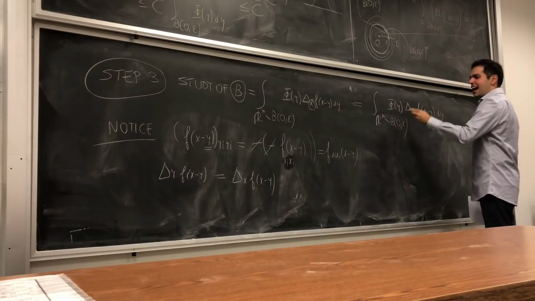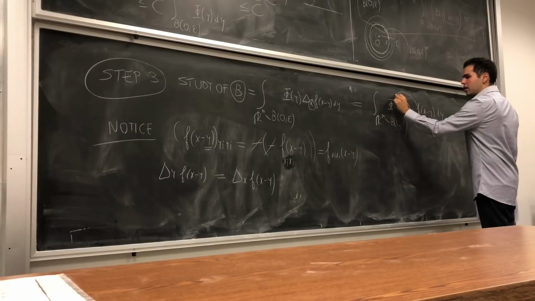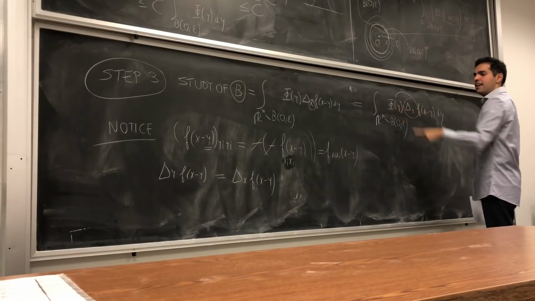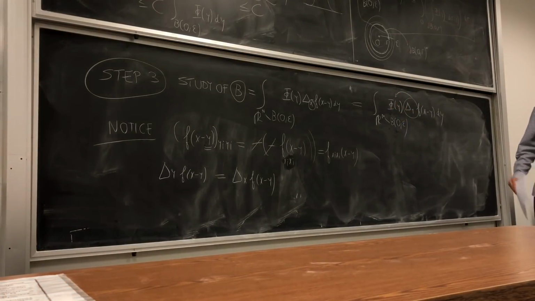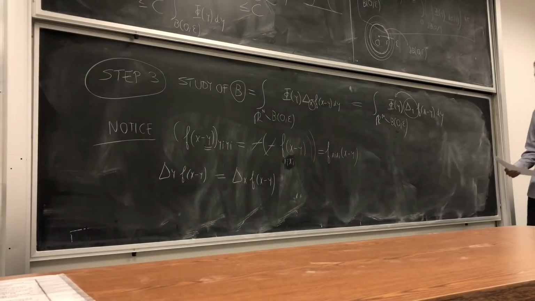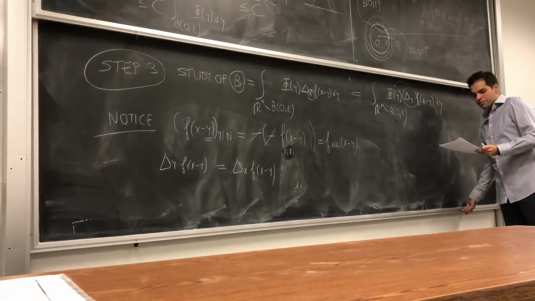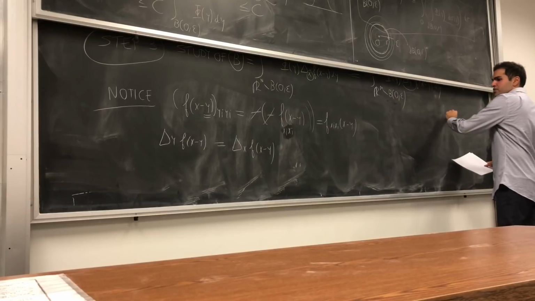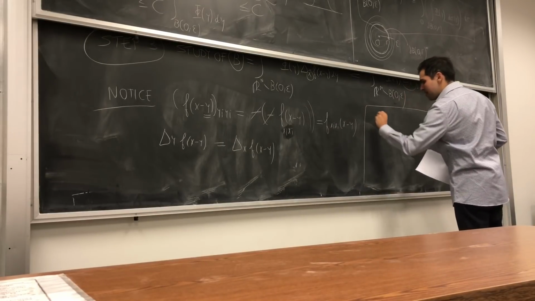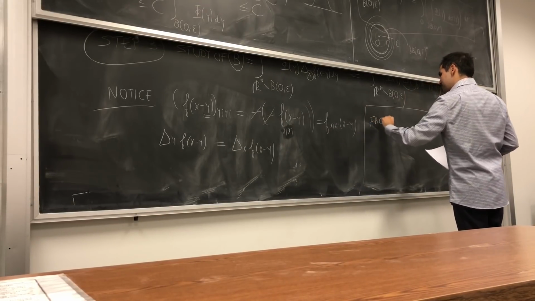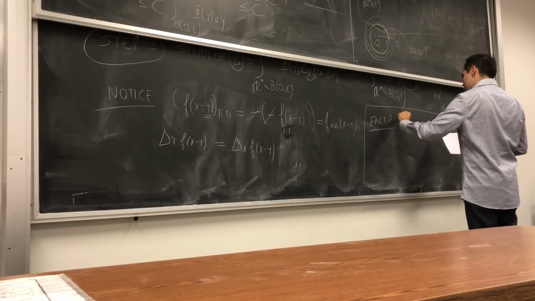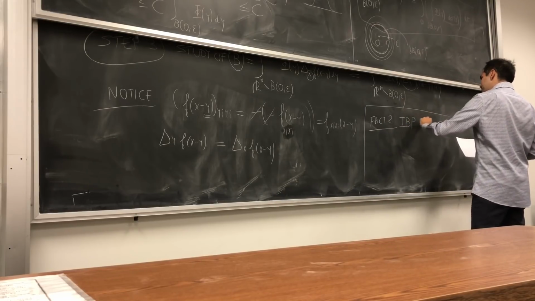That's why we want to take the Laplacian and transfer it back here, which begs the question of integrating by parts. And for this, we do need an integration by parts formula. So fact 2, the IBP formula.